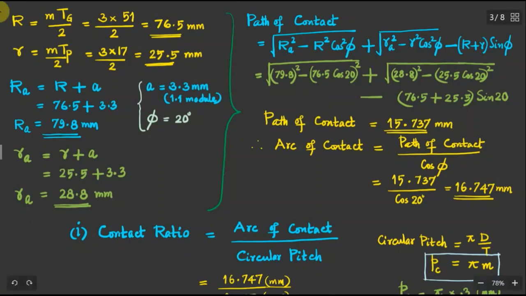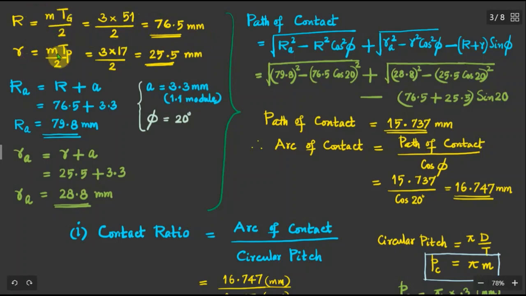Now we will find out the pitch circle radius of the gear and the pinion. Pitch circle radius of the gear, capital R, is equal to M into Tg by 2, and we know that module is 3 mm, so 3 into 51 divided by 2, so we will get 76.5 mm. Number of teeth on the gear we already found out, 51.